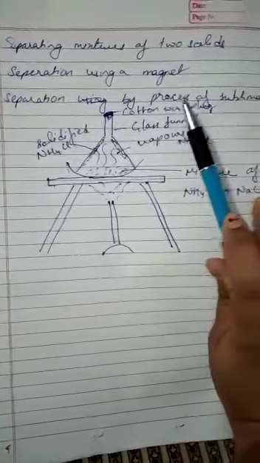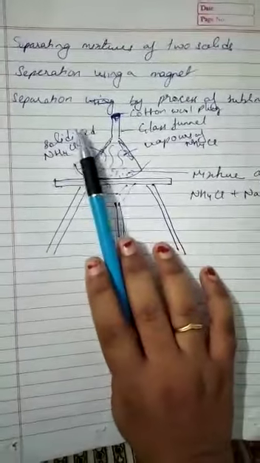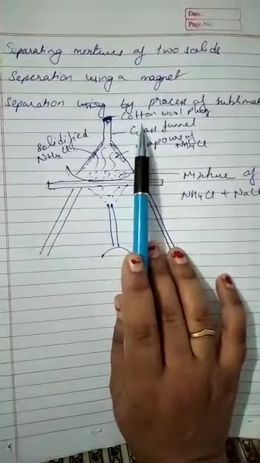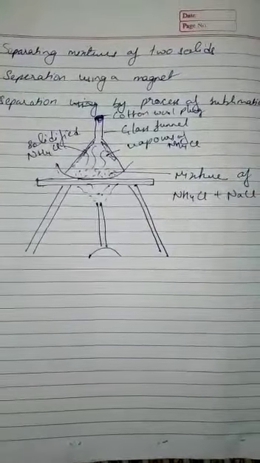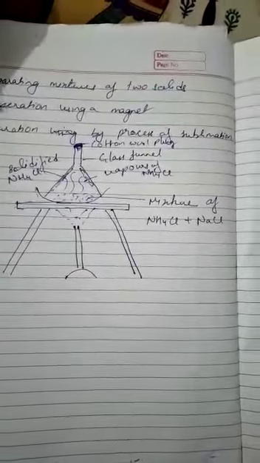Now we move to the next topic, which is separation by the process of sublimation. Students, before starting this topic, first of all I would like to remind you what we mean by sublimation.